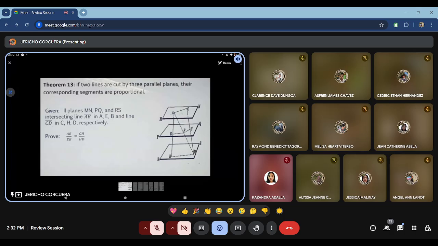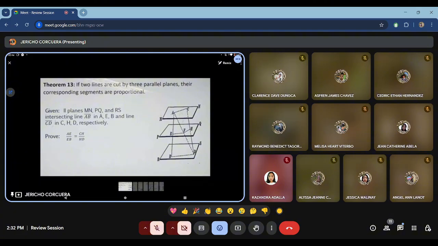Then there are two lines cut by three parallel planes, lines AB and lines CD. And we have three parallel planes, MN, PQ, and RS. Then their corresponding segments are proportional.